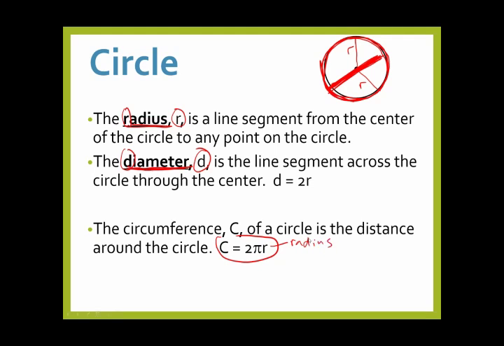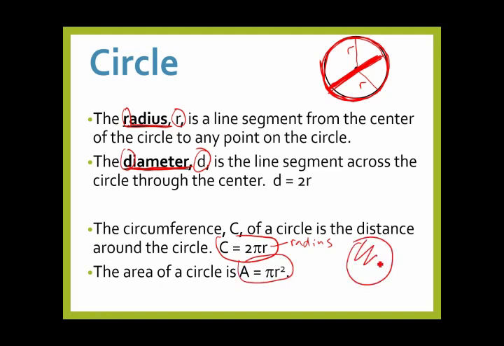So when we know the radius, we can figure out the answer. And the area of a circle is what's on the inside of the circle, and that is pi r squared. So again, to calculate circumference or area, we need to know the radius.